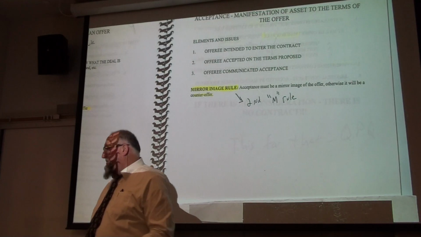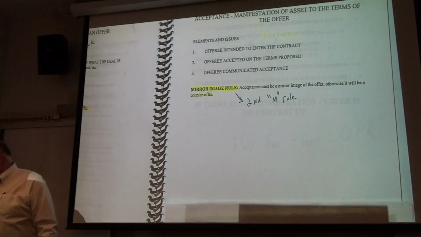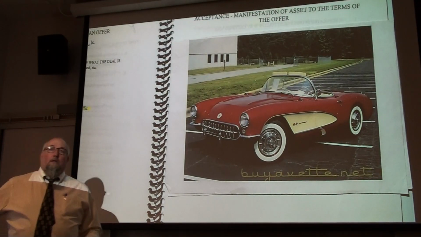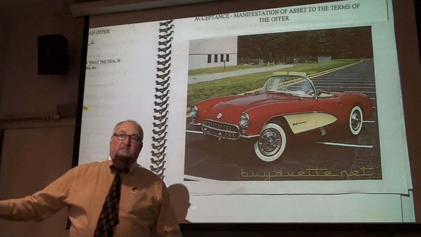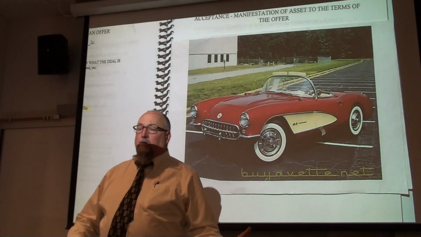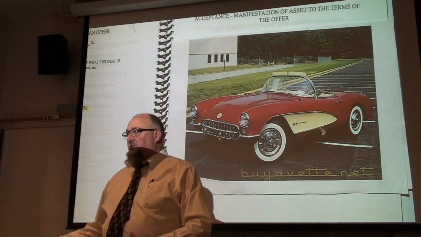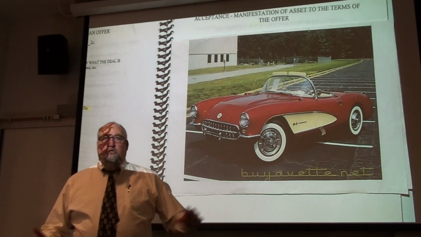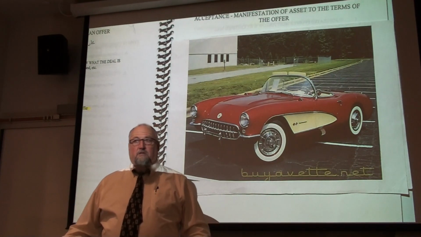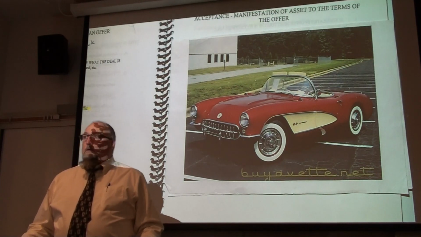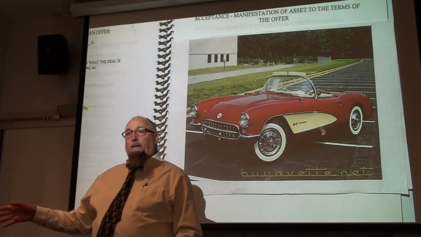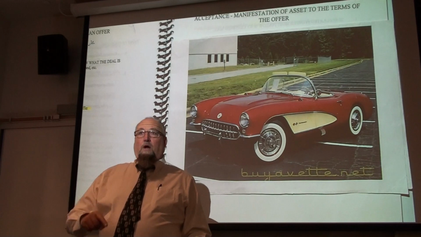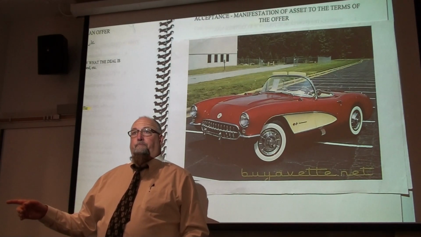So let's say, for example, I send you an email, and I say in my email, I will sell you my 1957 Corvette Stingray convertible, 25,000 original miles, original paint, for $50,000 in cash, payable this coming Friday, and I will meet you at 12 noon at the Bi-Mart in Monmouth.